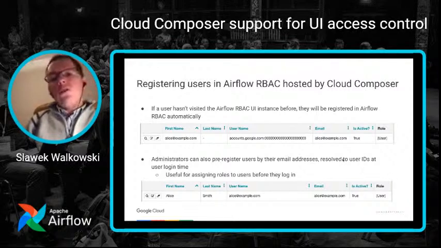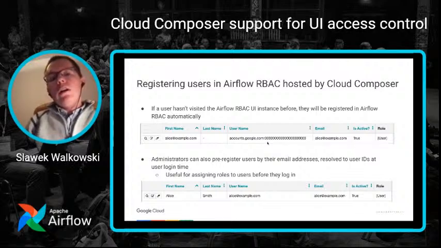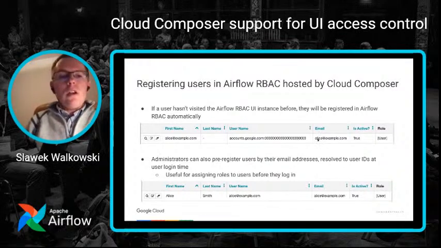The registration is similar to how it would look if you enabled, for example, the built-in Google authentication in Airflow. So the user is registered with the numerical user ID of their Google account as the username, and with their email address as the email.